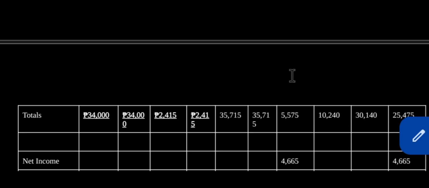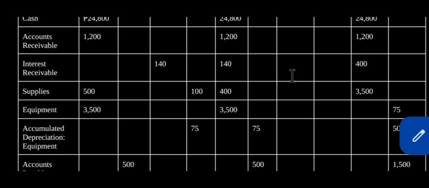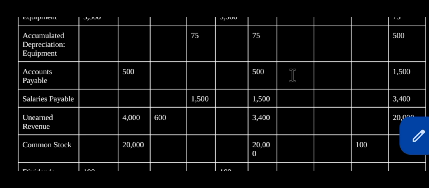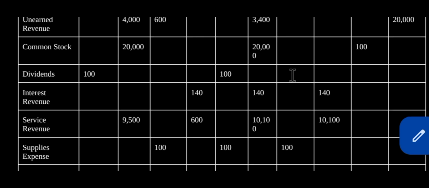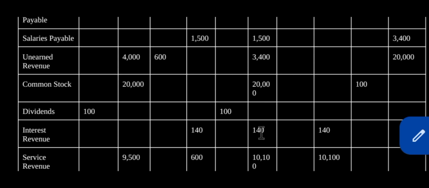Next, for the income statement, since income statement only consists of these expenses and revenues, we have to start here in the interest revenue side. So in the adjusted trial balance, we have 140.